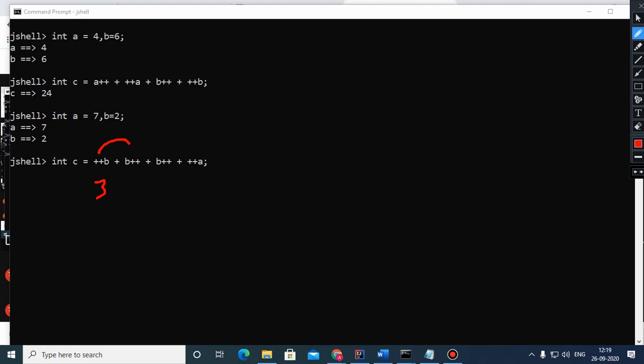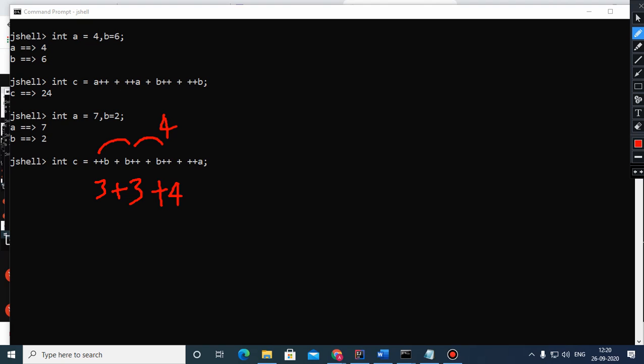When it reached here it is 3 only, and when we are using that we will be using 3 only because it is post increment. The changes will be reflected later, and when the control moves forward the value became 4. When it reaches here it was 4, so it is 4 only.